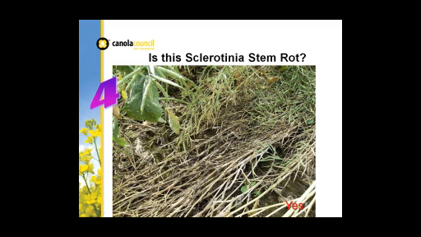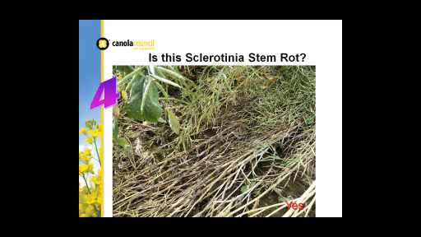Then, due to the physical contact, it'll jump and start growing amongst all the other branches and cause huge losses in that mat of lodged crops. So choosing lodging resistant varieties is one of the keys to being successful at avoiding the disease.